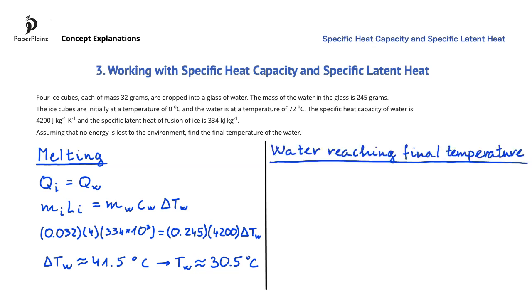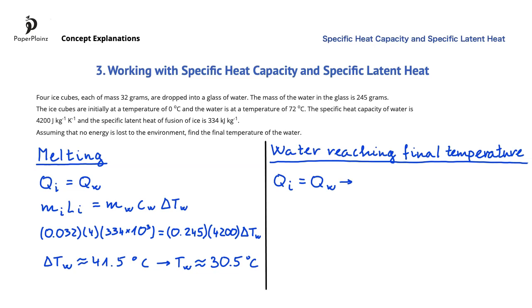The water from the ice gains energy, and the water originally in the glass loses energy. Again, these two energy values are equal, so I can write that Qi is equal to Qw. Since what was originally ice is now water, there will be no phase change during this process, so we'll use the specific heat capacity equation on both sides.